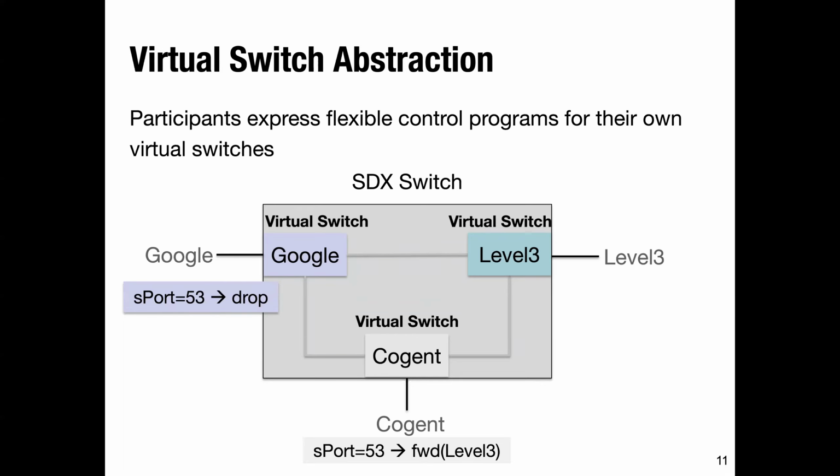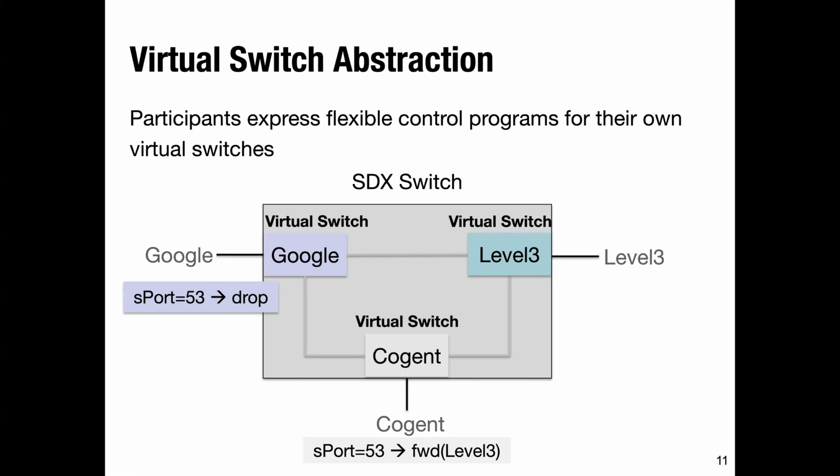Cogent says that if it is DNS, which means source port is 53, forward to Level 3. So now that traffic is going to go to the virtual switch of Level 3, which is where the policies of Level 3 are. Then whatever Level 3's policies are, those policies will be applied, right? So as you can see, this is basically sequential composition of policies on demand, right?